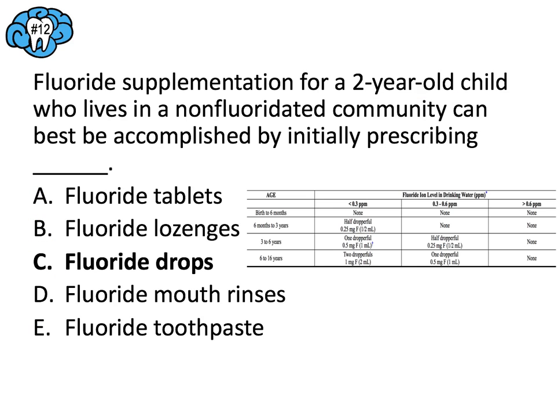If we go to our fancy chart here, we would be in this column, less than 0.3 ppm, and we would be between 6 months to 3 years, so that would be 0.25 milligrams of fluoride.